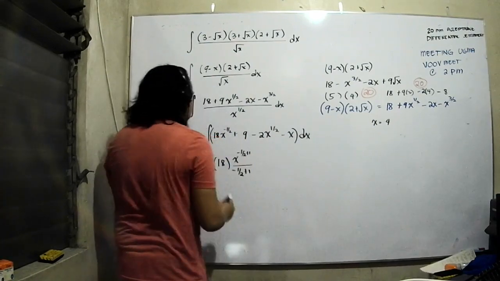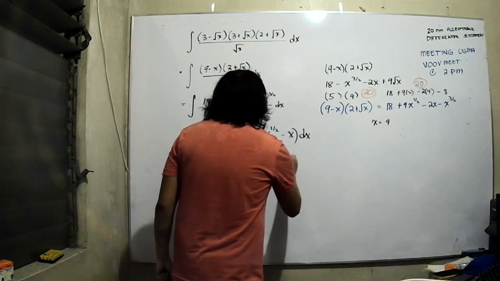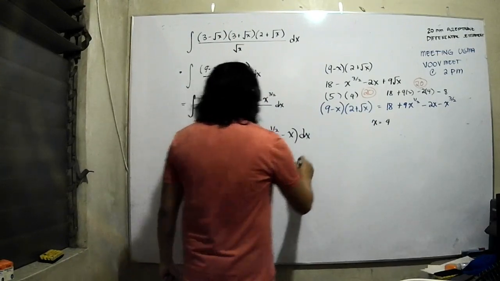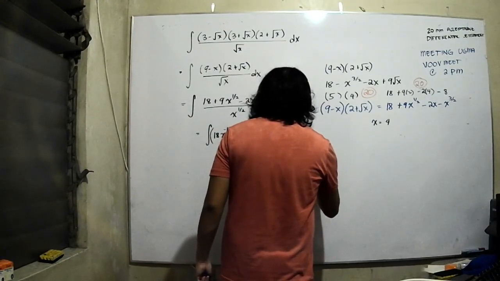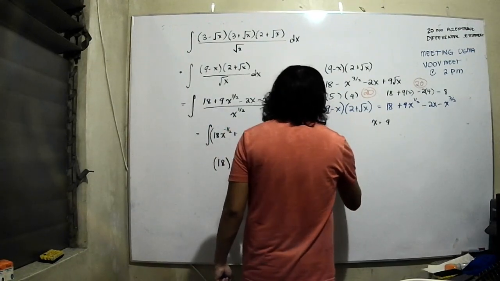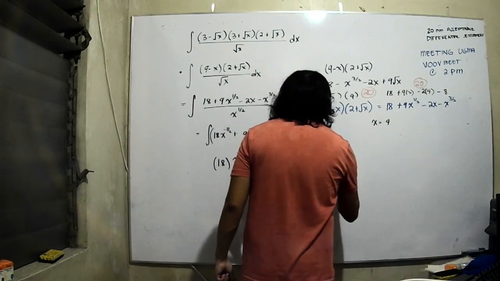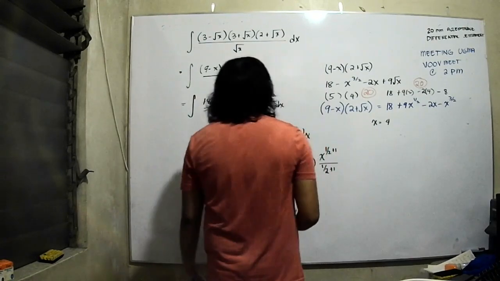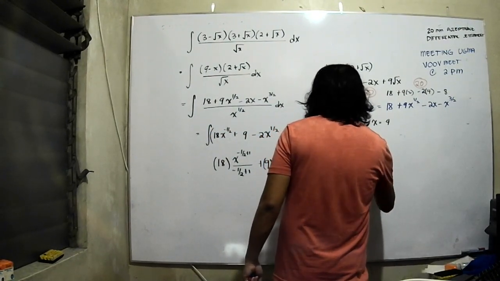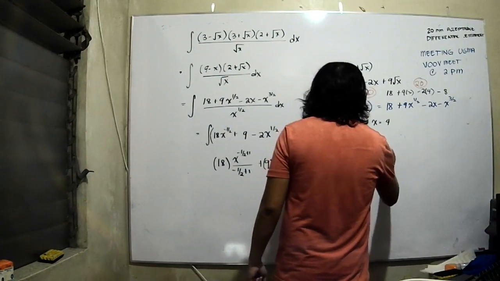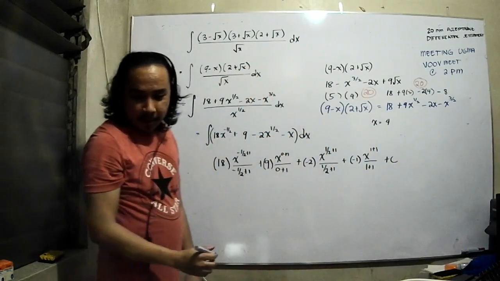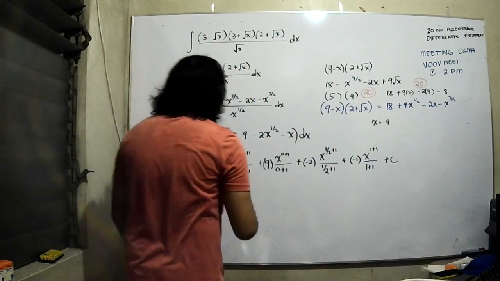Then plus 9 times x to the power of 0 plus 1, divided by 0 plus 1. Then minus 2, you can have it your way, I'm just doing this as I like, x to the power of 1 half plus 1, divided by 1 plus 1. Plus C.